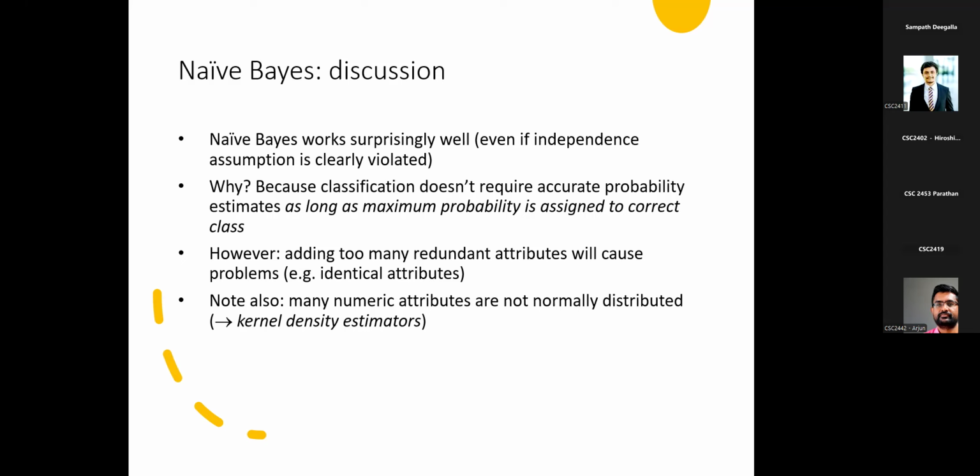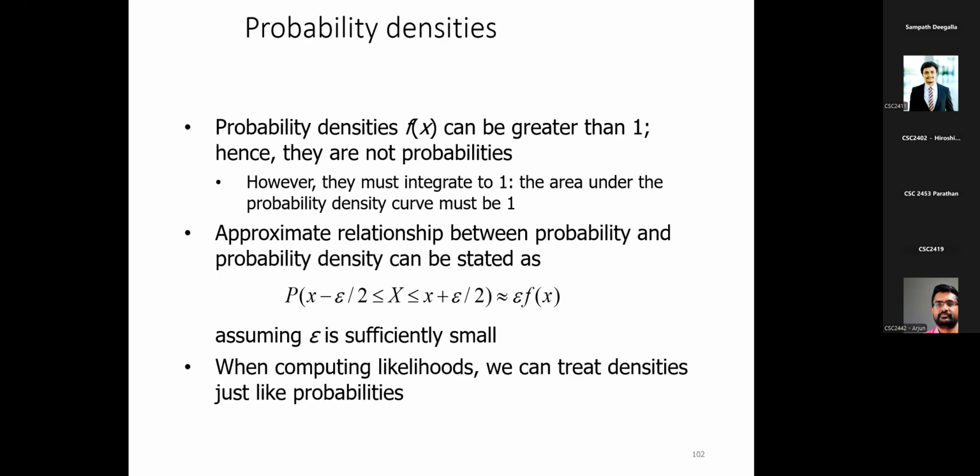But there will be many issues if you have too many redundant or identical attributes. If your numeric attributes are not normally distributed, you can use other kernel density estimates. We have observed that we can use Gaussian to calculate the likelihood values, and then later convert them into probability values. I think that's enough for today's class.